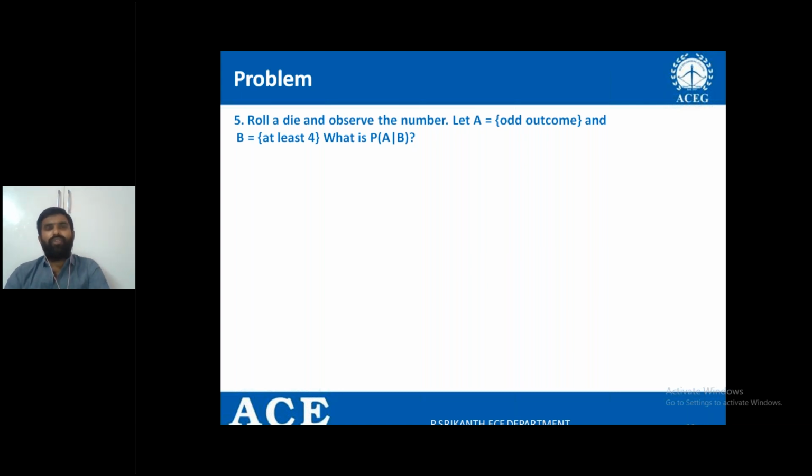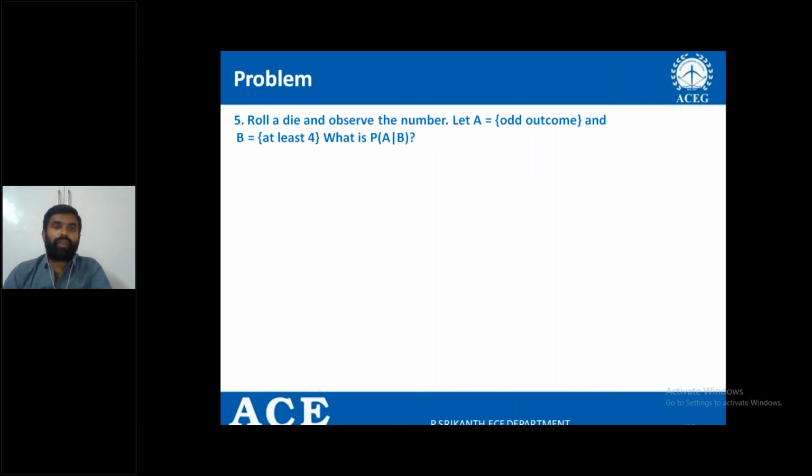What are the possible values when you roll a die? 6 possibilities, right? Let A be the event of an odd outcome, and B be at least 4. At least 4 means it may be 4 or 5 or 6.